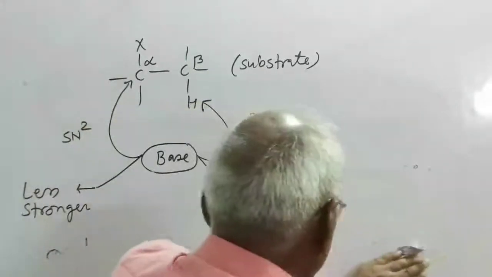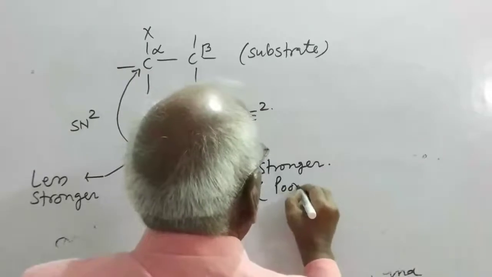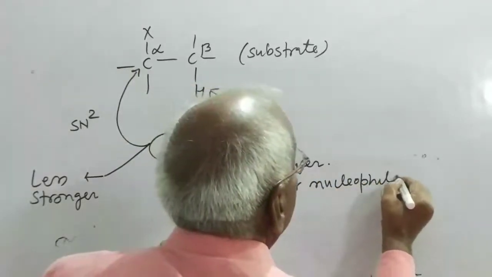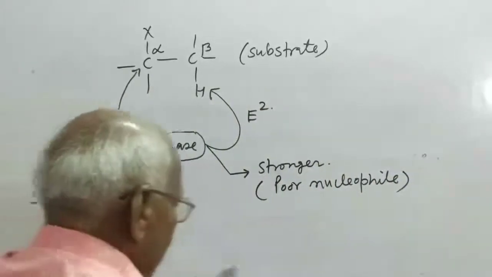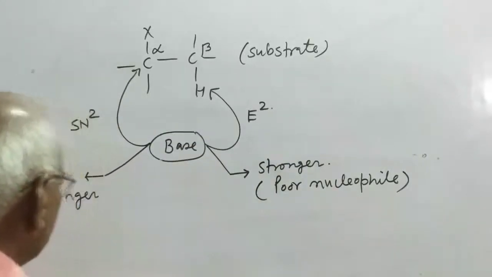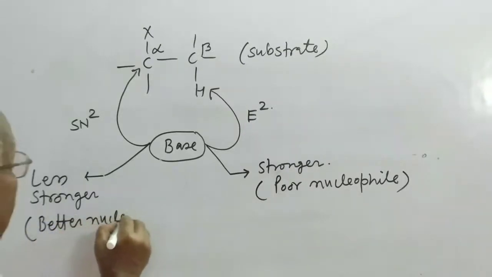A stronger base is a poor nucleophile, and a weaker or less strong base is a better nucleophile.